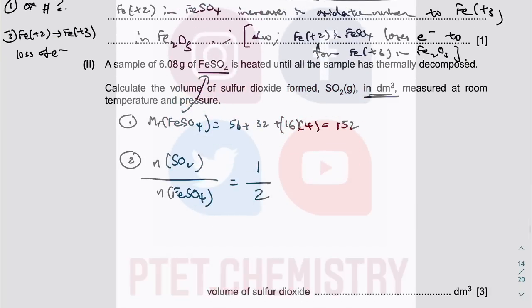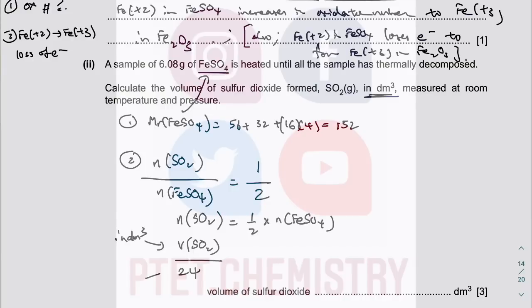Alright, so I move everything to one side because I want to get the volume of SO2, which is a gas, volume of SO2 divided by 24. If this is in dm cubed, then I use 24 instead of 24,000. So that is in dm cubed per mole.